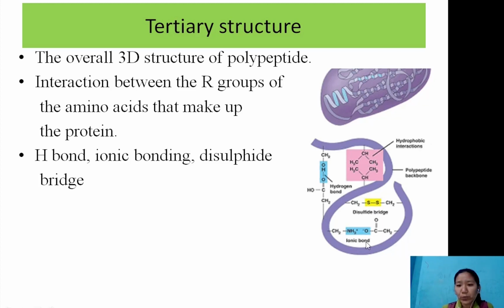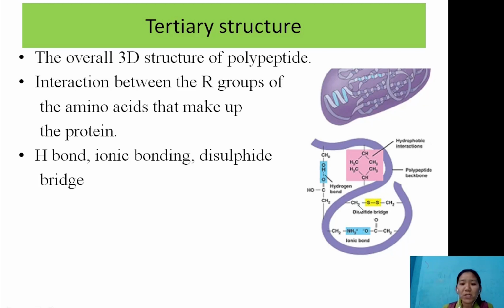will also form a bond, that is ionic bond. The side chain will form an ionic bond here, and then there are some amino acids which have sulfur in them, and these sulfurs form a bond called a disulfide bridge or disulfide bond.